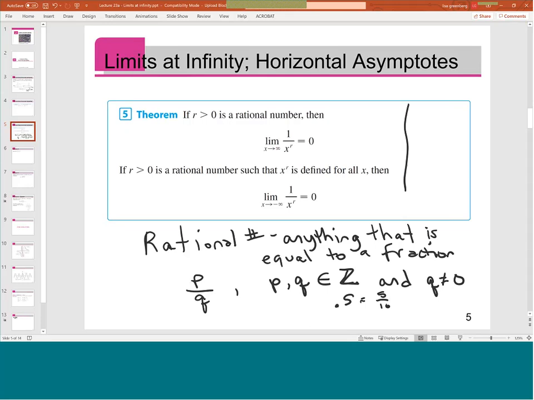If I were to graph, let's say, 1 over x, I have this horizontal asymptote at 0, and it doesn't really matter if I'm going to positive or negative infinity. I'm still going to 0, even though to the right I'm approaching 0 from above the x-axis, and to the left, at negative infinity, I'm approaching 0 from below the x-axis. They're still both going to 0. Does that make sense?